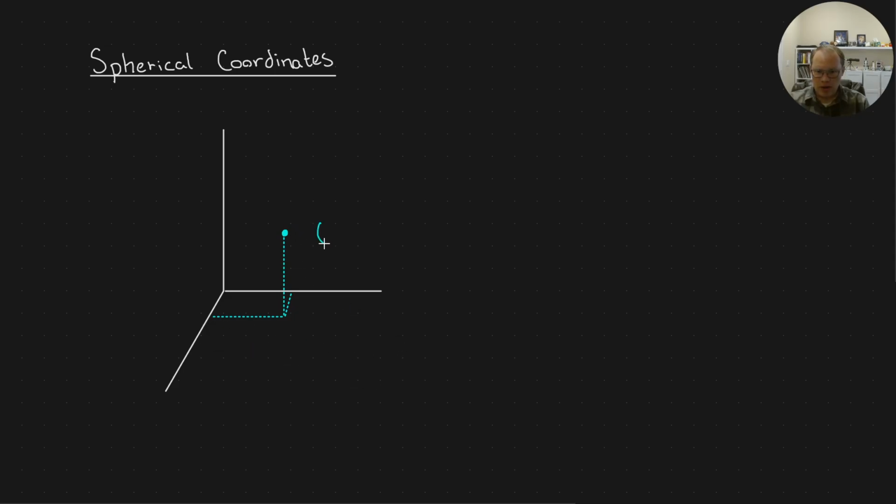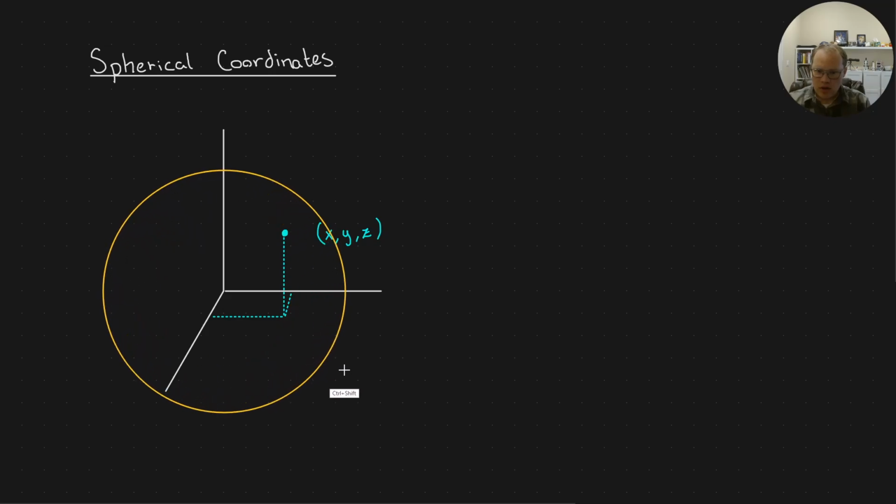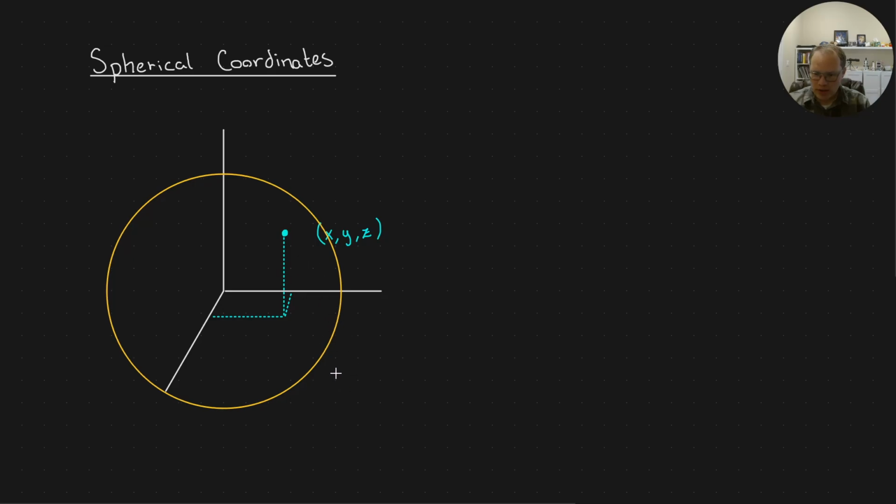So if I have some point here that is in rectangular coordinates x, y, and z, the idea is that I find a sphere centered at the origin on which that point lies. Okay, so we have our sphere, and this point lies on the sphere.